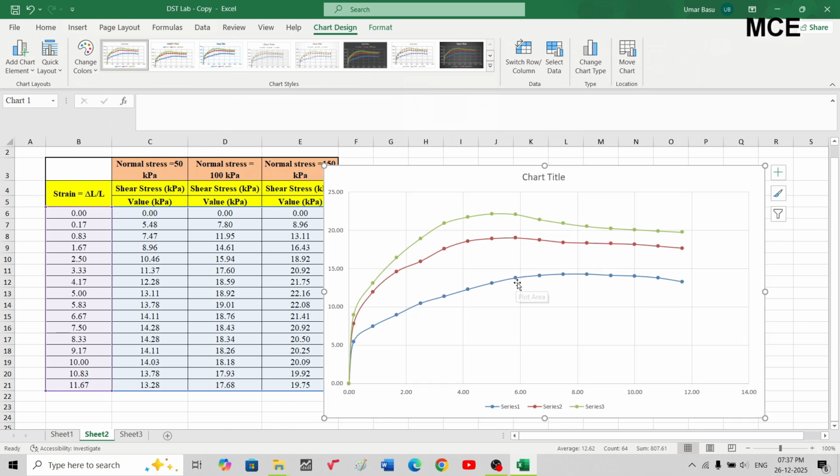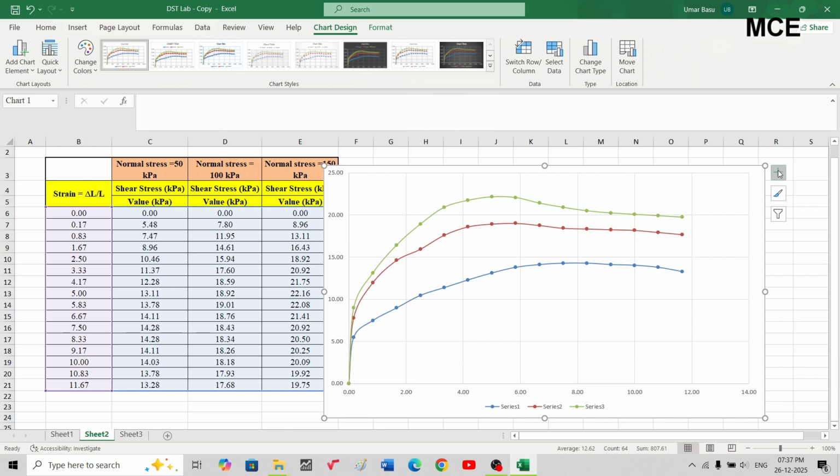Blue is for the normal stress of 50 kilopascal, red is for normal stress of 100 kilopascal, and green is for the normal stress of 150 kilopascal. You can see as we increase the normal stress, the shear stress also increases, but the soil fails at a small shear strain.